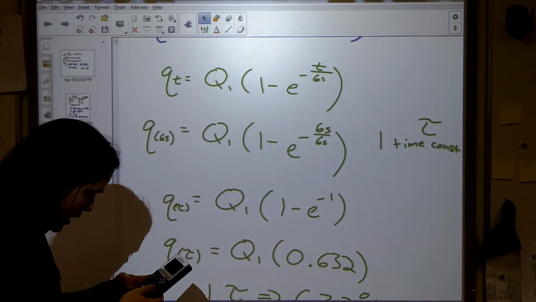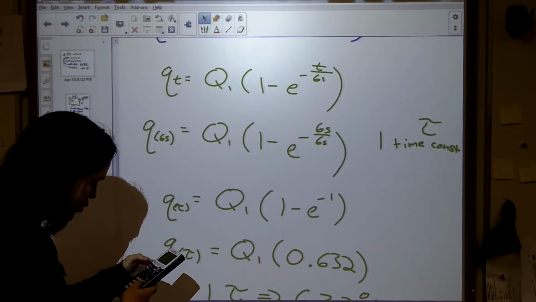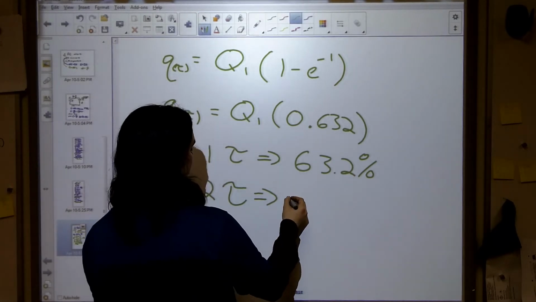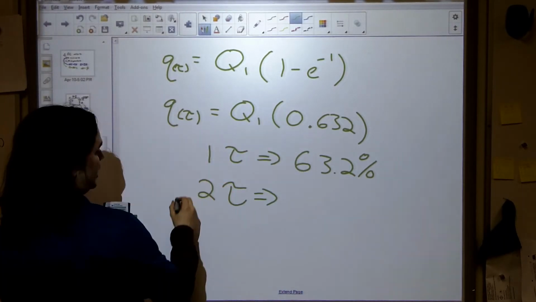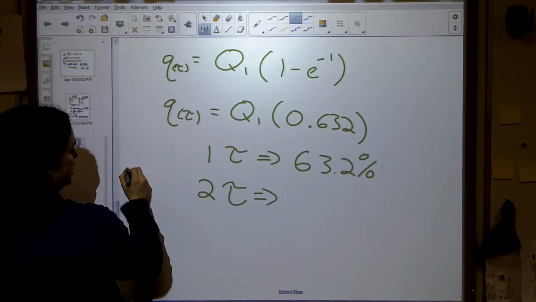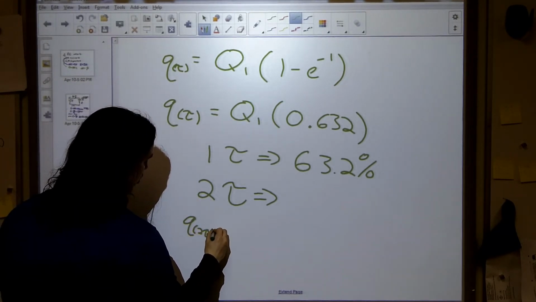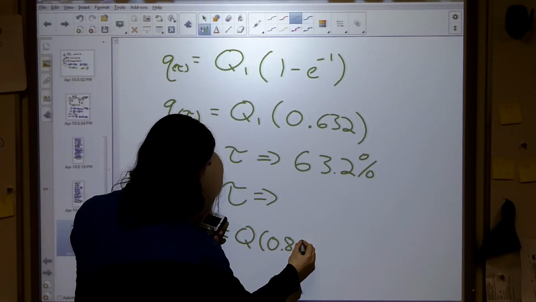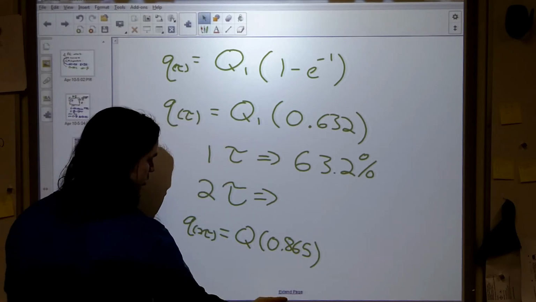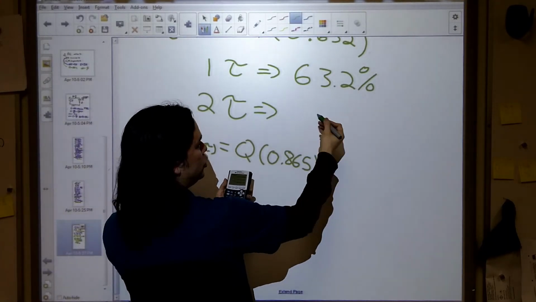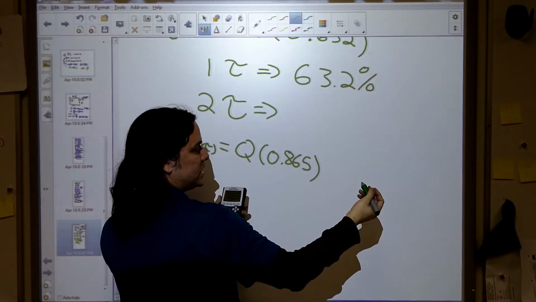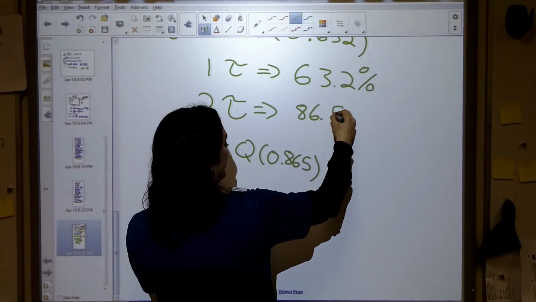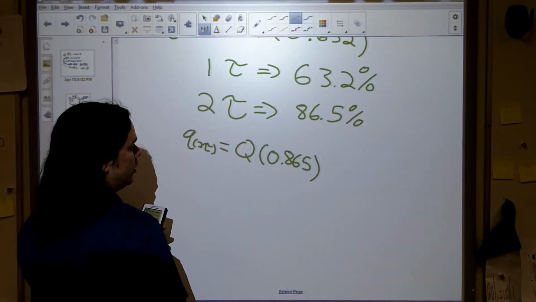Well, e raised to the negative 2, and I do 1 minus that, we end up with Q of 2 tau is going to be equal to Q total times 0.865. 2 tau, after 2 time constants, in our case, 12 seconds. But twice whatever your time constant is, you end up with 86.5% of the total charge on the capacitor.